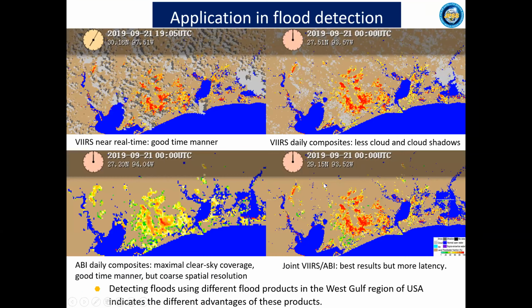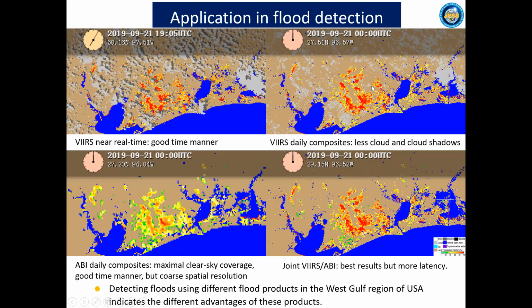This shows an example of how these different products detect the flood. The top left one is the VIIRS near real-time flood product. This one has a good timeliness and fine inundation detail, but it has a lot of clouds and cloud shadows. The top right one is the VIIRS daily composite.